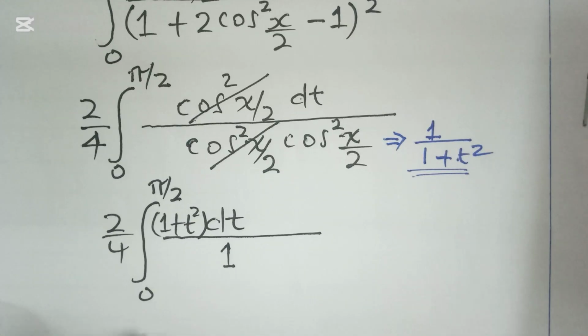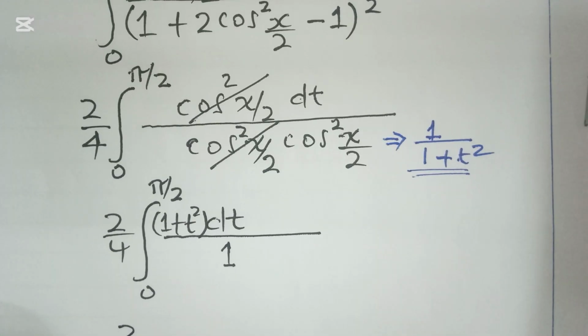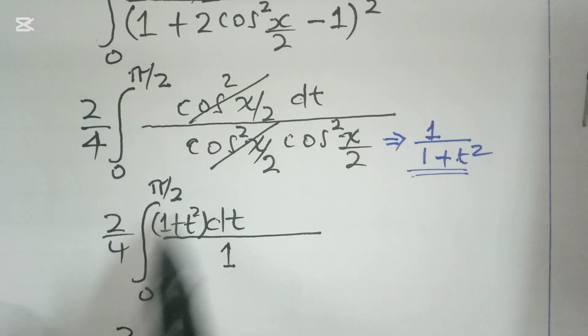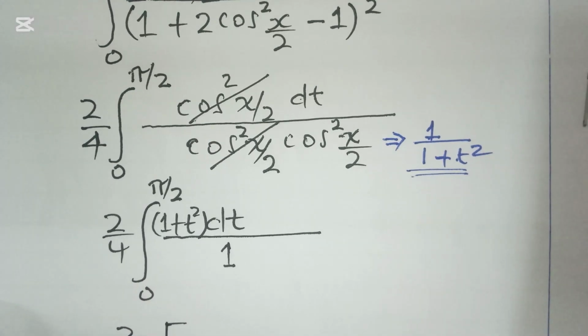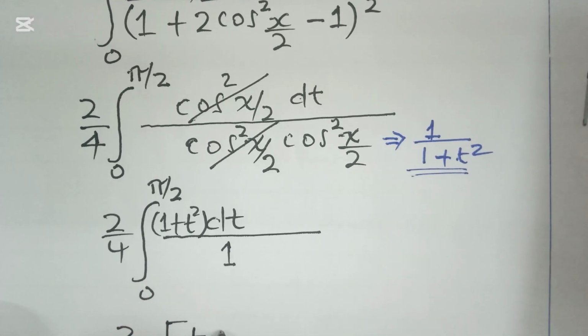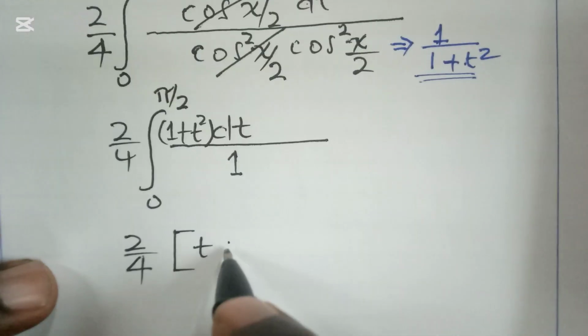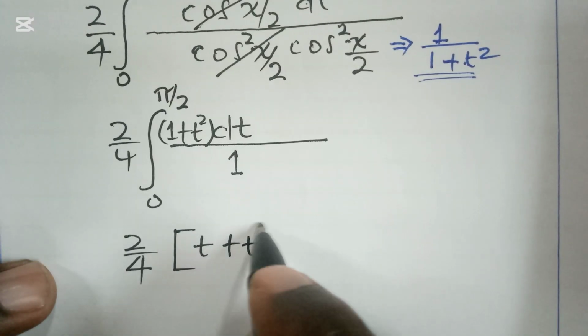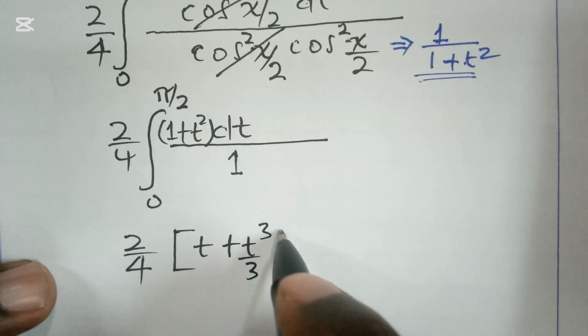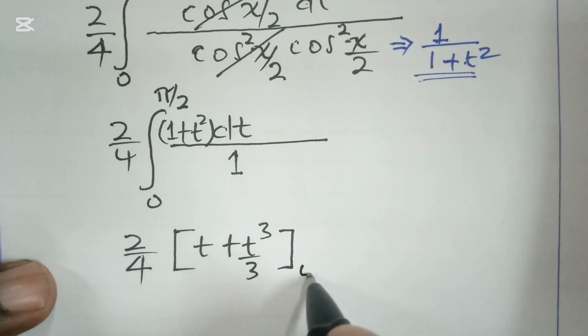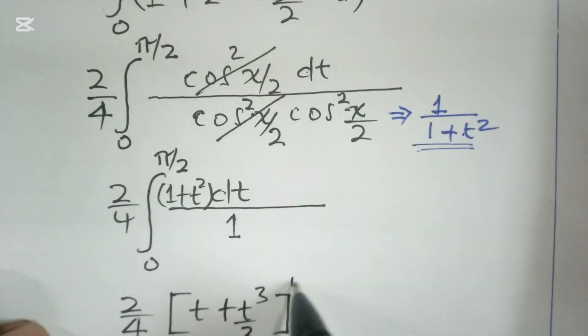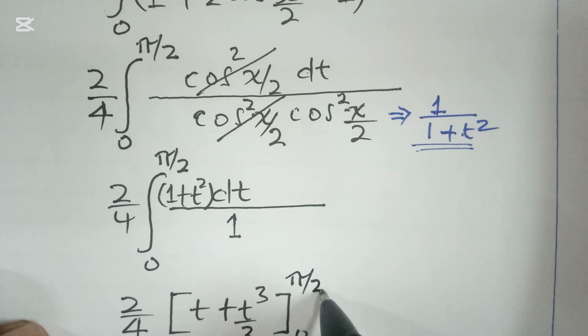So finally we are going to have 2 all over 4. You integrate that, we shall have t plus t cubed all over 3, now from 0 to pi over 2.